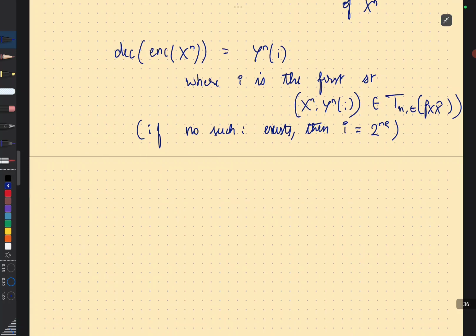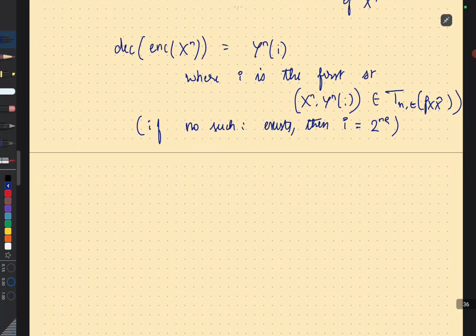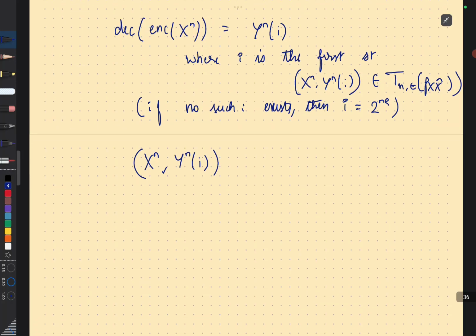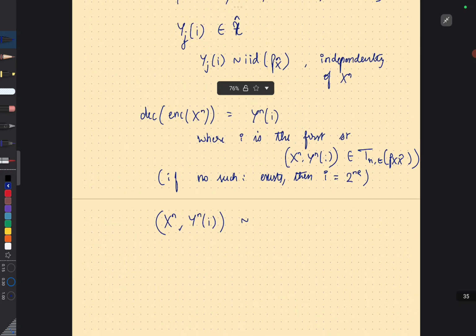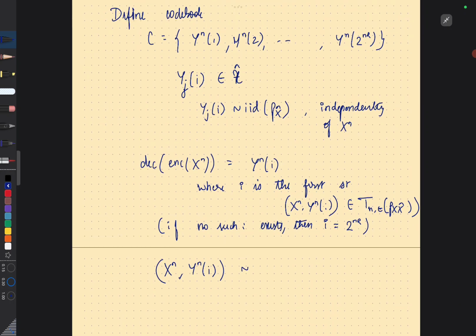So now what can you say about xn and yn of i for any particular i? Here i is the index of this particular code book.